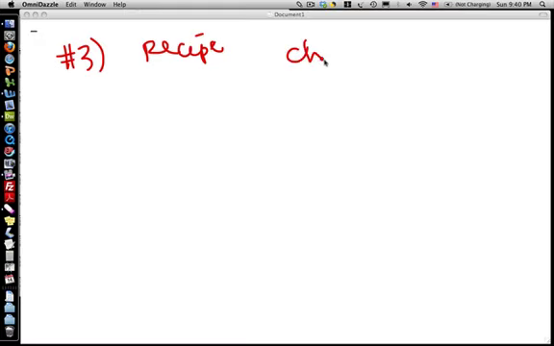And then the third type is a different kind of question. It's a recipe question, and this is where the chemist chefs are involved.